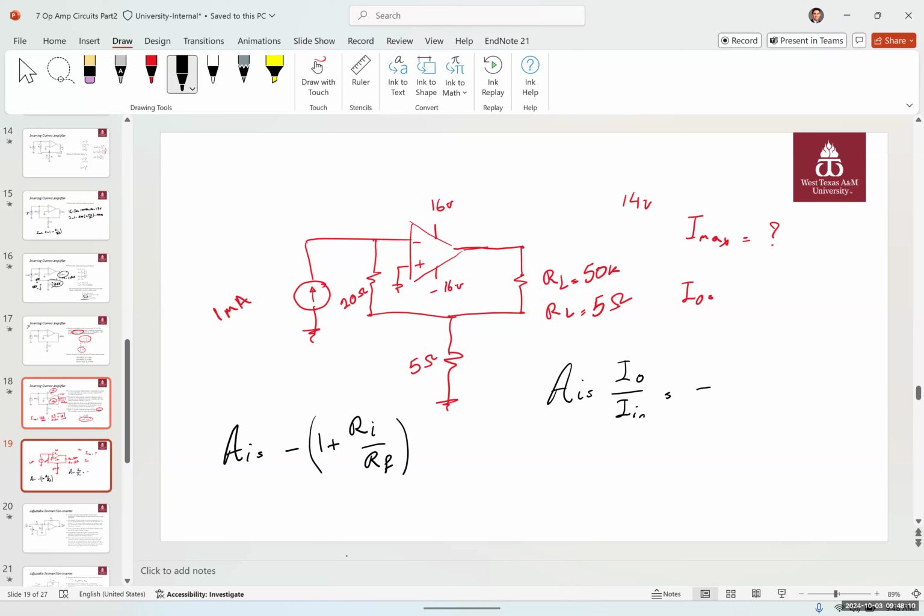And it's negative 1 plus Ri, which is 20, over Rf, which is 5. So AI would be equal to I out over I in, which is 1 milliamp, and 20 over 5, 4 plus 1, 5, it's equal to -5. Therefore, I out would be -5 milliamps.